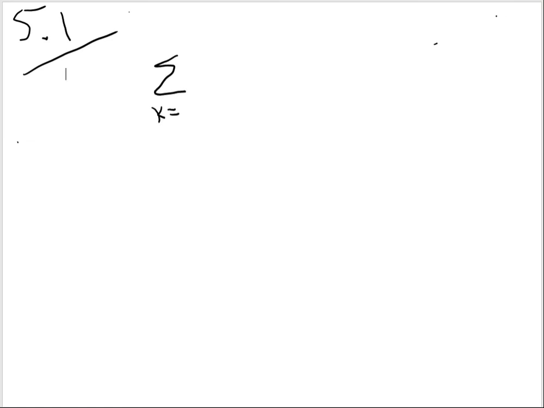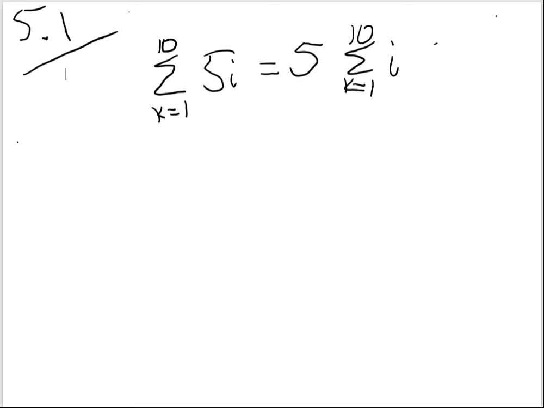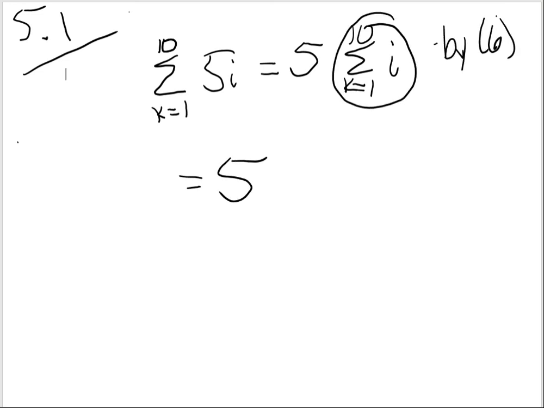I'm going to start with k as my index: the sum from k equals 1 to 10 of 5k. Remember, rule number 6 said that 5 we can pull out of this sum: 5 times the sum from k equals 1 to 10 of k. If you do want to write justification, that's by 6. And then this sum we can evaluate by number 2.